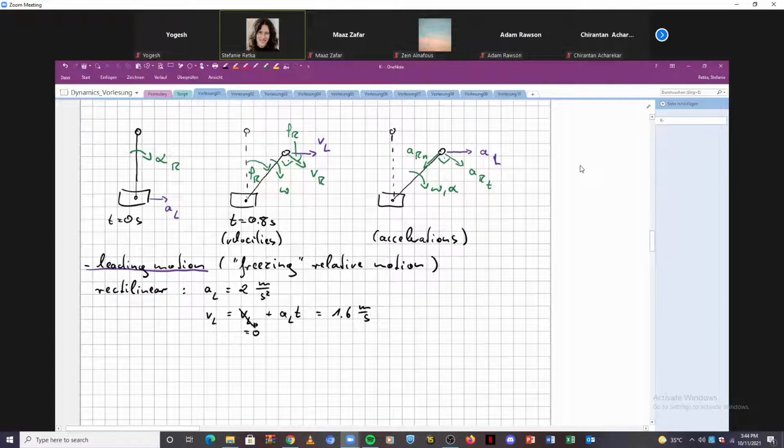Okay, and then we could compute the distance traveled. It's not asked for, and that's why I will write it in parentheses. But just to have the complete information, we could compute the distance, which is 1/2 AL T square, so 1/2 times 2 times 0.8 square, which is 0.64 meter.